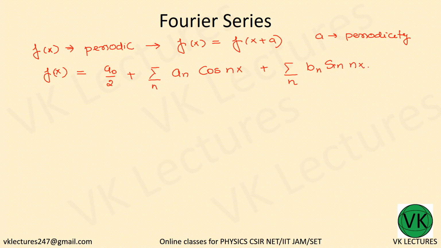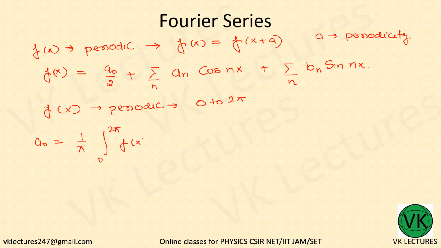Now if the function f of x is periodic in the range 0 to 2 pi, a naught value is equal to 1 by pi integral from 0 to 2 pi f of x dx.